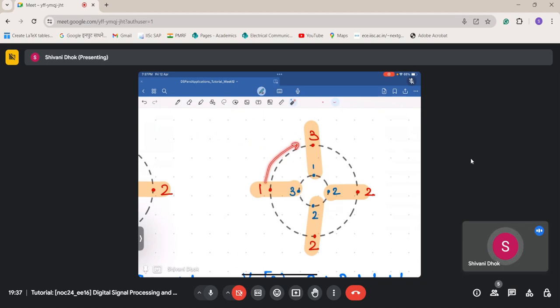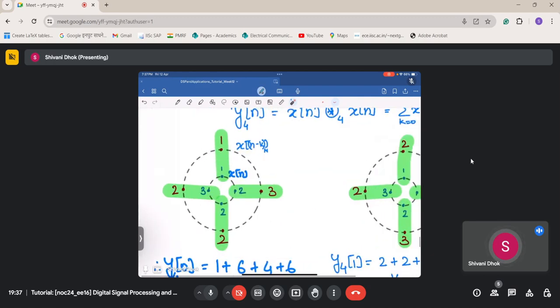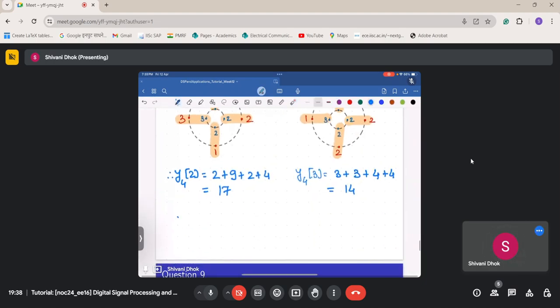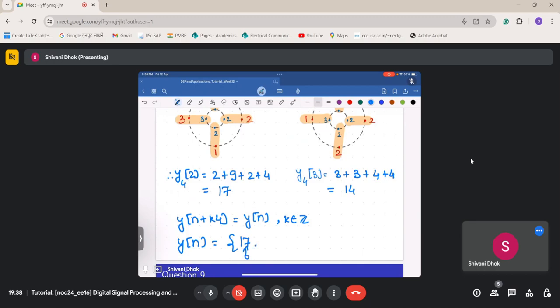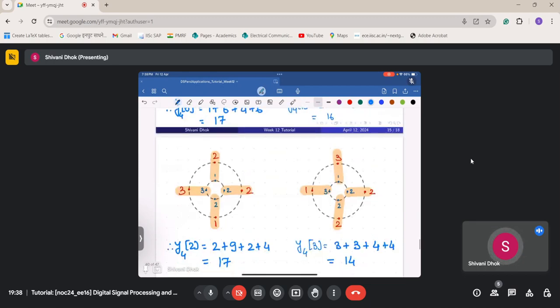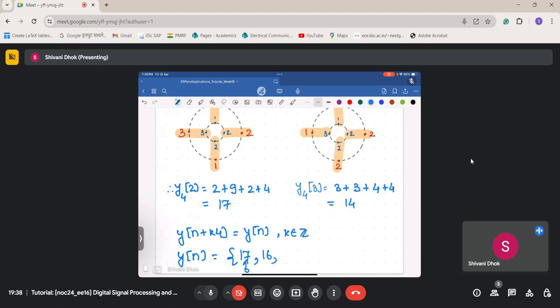Now again, if I shift it like this, my 1 will be here. That will give me 1, 2, 2 and 3, which is the original sequence. So it simply says that after small n equal to 4, it will again start repeating. So it means that y of n plus k times 4 will be equal to y of n, where k belongs to the set of integers, and y of n is equal to, at 0 it was 17, at 1 it was 16, at 2 it was 17, and at 3 it was 14.